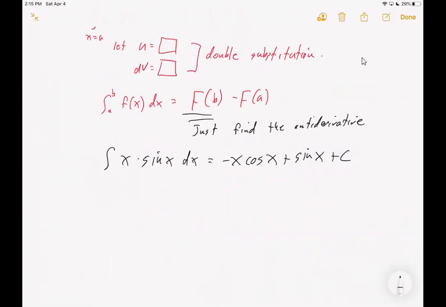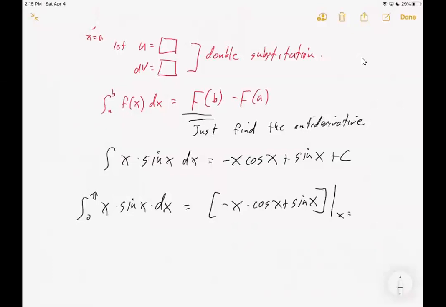So then if we want to figure out what the integral is from 0 to pi of x sine of x dx, we can simply take the antiderivative with c equal to 0, evaluate it at x equals 0 and pi, and substitute those values in.